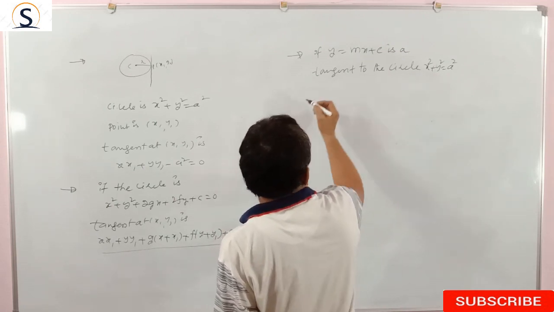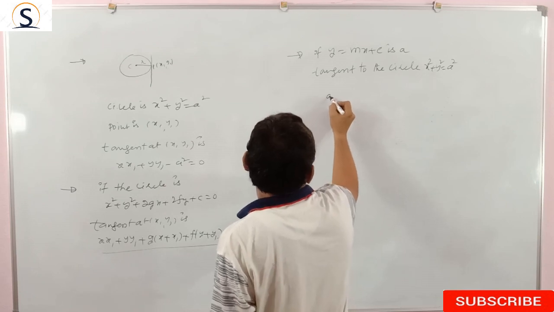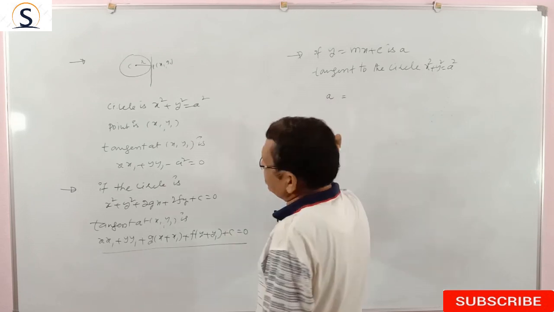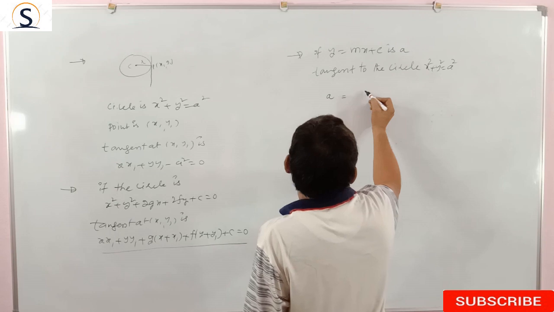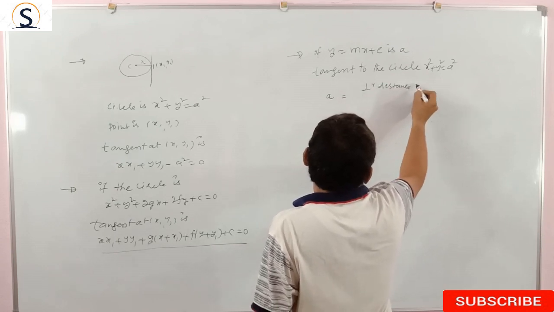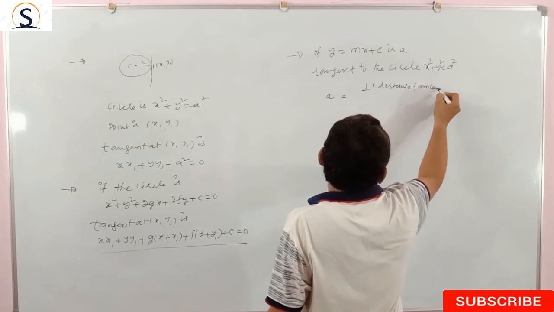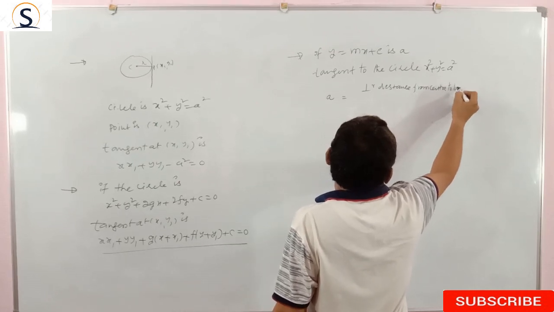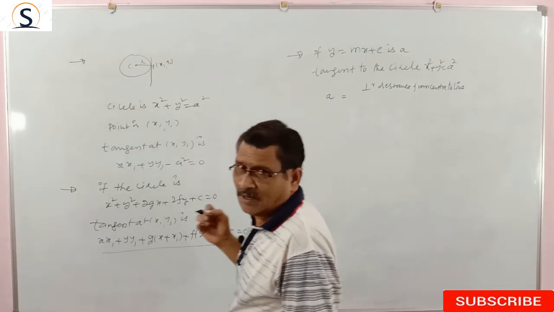Okay. So, what about the distance? Here this is a circle, x square plus y square is equal to a square. So, radius is equal to the perpendicular distance from the center to the line. This is the condition.